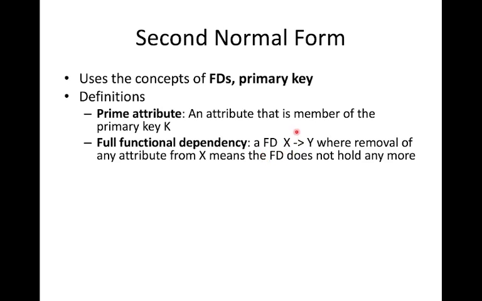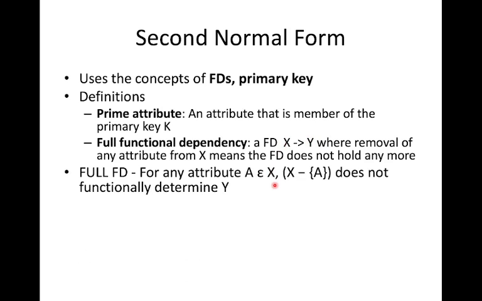A functional dependency X to Y is a full functional dependency if removal of any attribute from X means that the functional dependency does not hold anymore. So if you remove any attribute from X, and if this functional dependency still holds, then it is not fully functionally dependent. We will see an example, then you will understand.